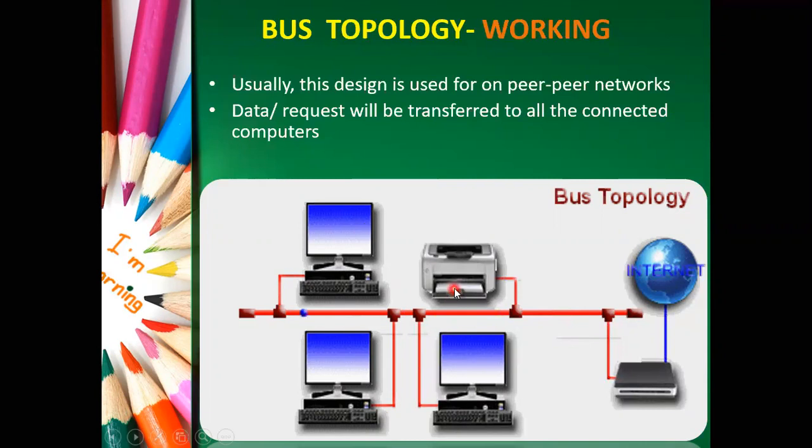Maybe this command was for the printer, but it also transferred throughout all the devices. अब इसमें होता क्या है कि वो कंप्यूटर जिसके लिए डेटा होता है वो तो इसको एक्सेप्ट कर लेता है, लेकिन जिसके लिए डेटा नहीं होता उसका NIC कार्ड इस डेटा को डिस्कार्ड कर देता है. In some cases, if a switch is used, then the data will be transferred to the specific node or specific computer.